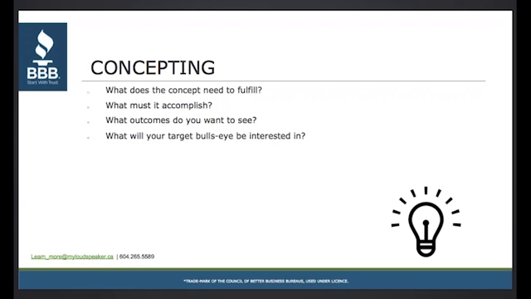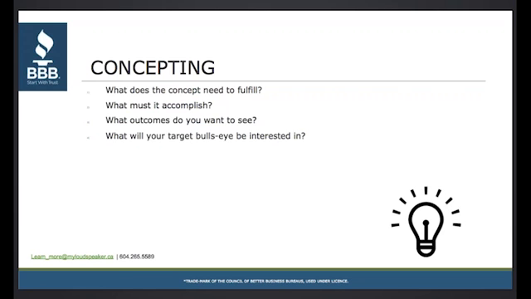So as you're concepting and you brainstorm a ton of ideas, which is what I would suggest doing, you write down all these ideas and you shorten the list, and then you measure it against those questions. Does it resonate with my target demographic? Will it help us garner the most amount of impressions? Does it achieve our objectives in that year? So you have all of these questions to measure your concept against. What must it accomplish?